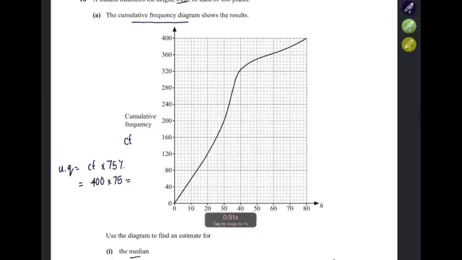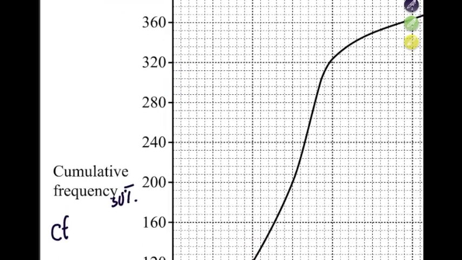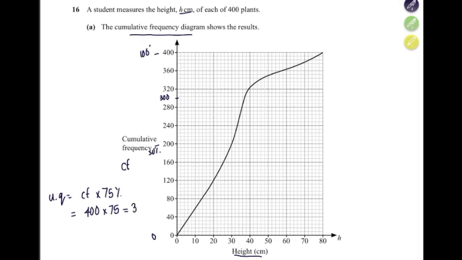Now, if you don't want to do the calculation, you can do this trick. 400, this is 50%, this is 0%, this is 50%, this is 100%. 75 is exactly between the two of them, so it will be 100 more. It's going to be 300. So 300 is exactly here in between. This is 300.